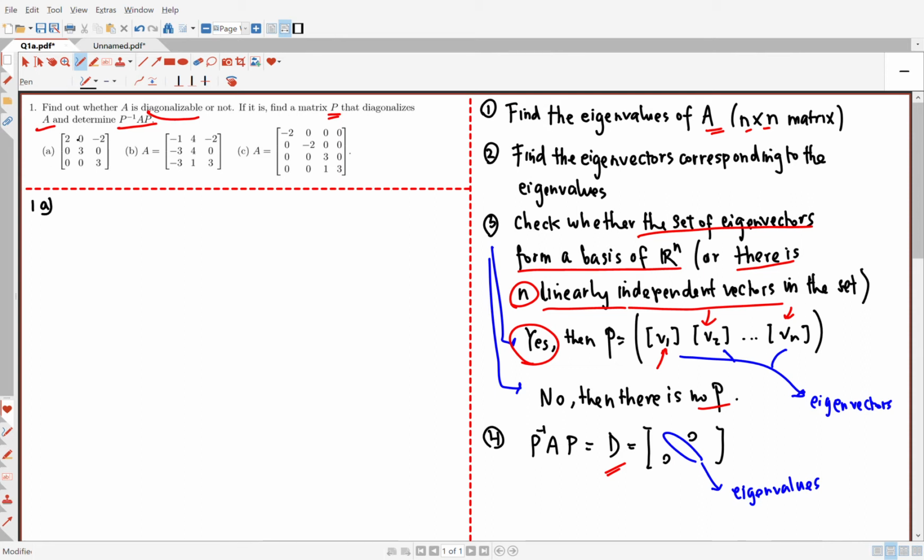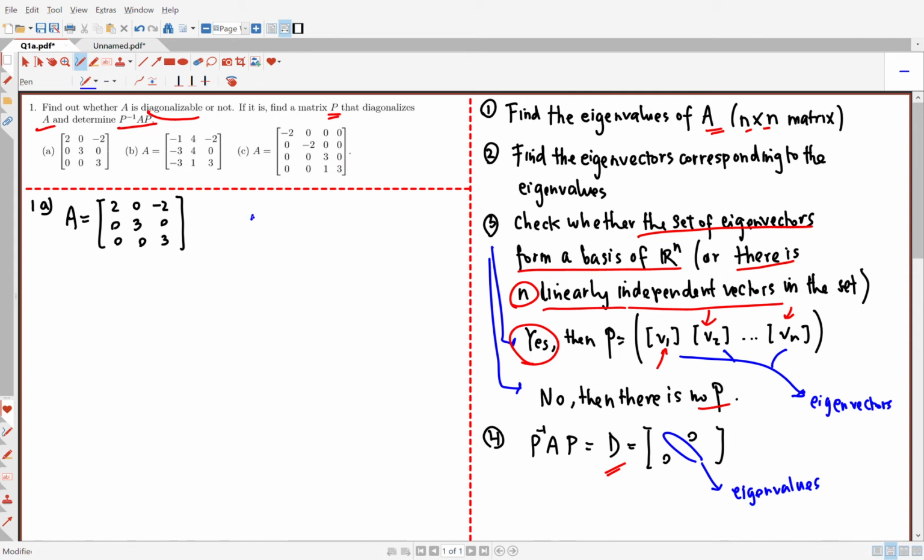So this is my matrix A. For this question, A is 2, 0, minus 2, 0, 3, 0, 0, 0, 3. We want to find the eigenvalues and the eigenvectors corresponding to the eigenvalues. Basically, what are eigenvalues and eigenvectors?